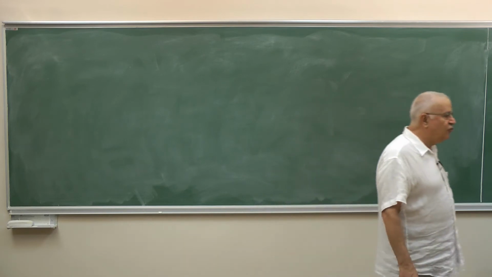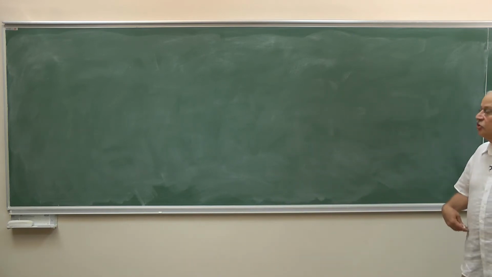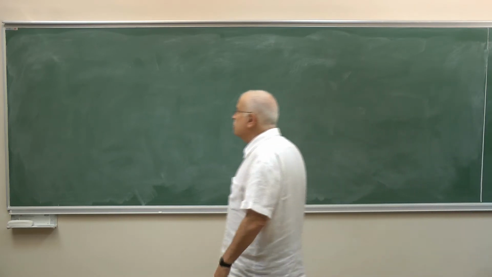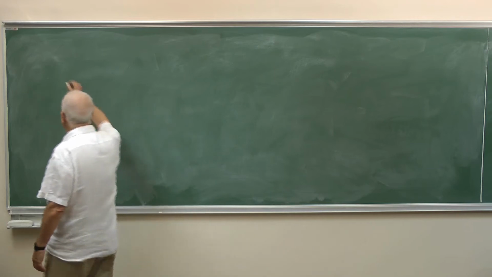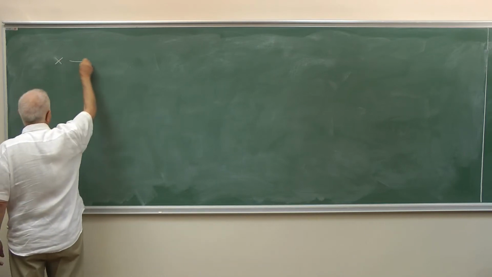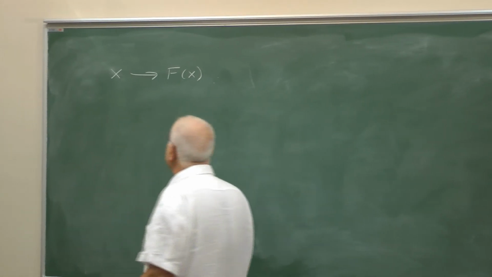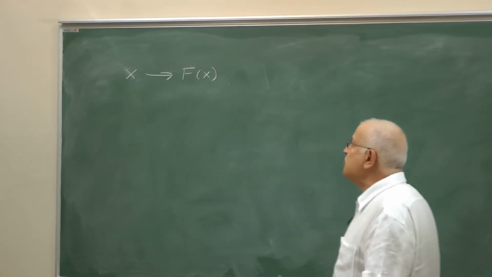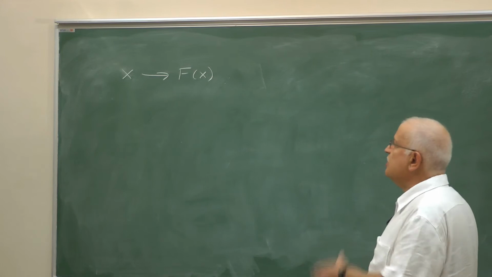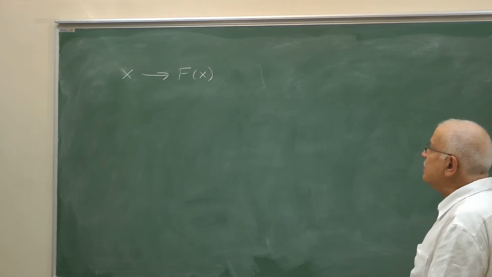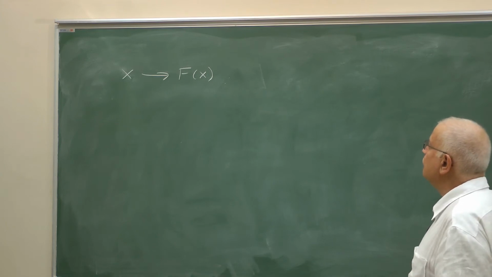A function is a game of you give me a number, I'll give you a number. So according to some law, we have an x gives another number, f of x. So it's a mapping between two real numbers because we are limited to functions of a single real variable.